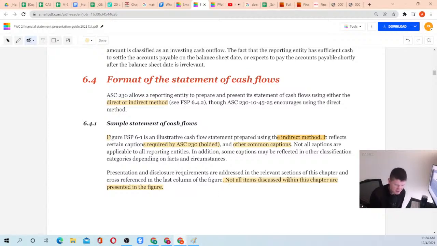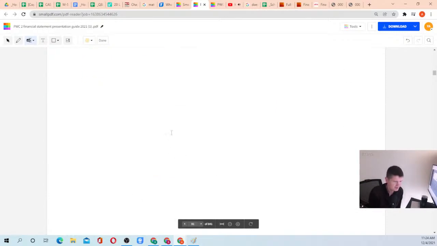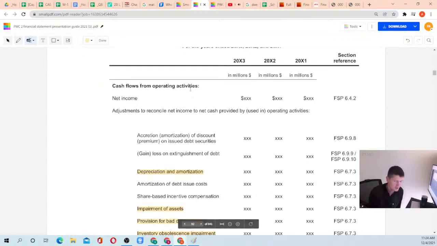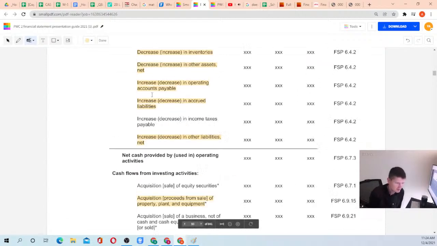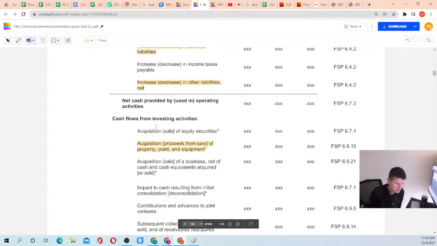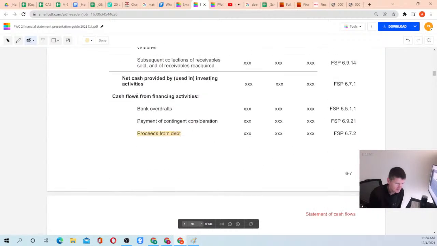Not all items discussed within this chapter are presented in the figure. So that is not exhaustive. We have a pretty high number of captions here, but we might have more. For example, they do not have owner contribution for cash flow from financing activities.